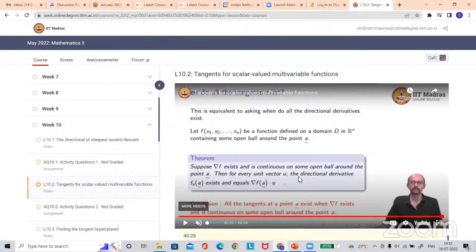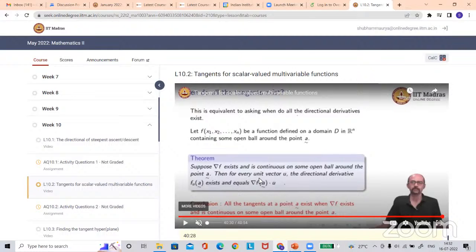Directional derivative is one portion of differentiability, one separate part. This theorem has no name that I know; maybe I have one book in which it has a name. So you can check that.